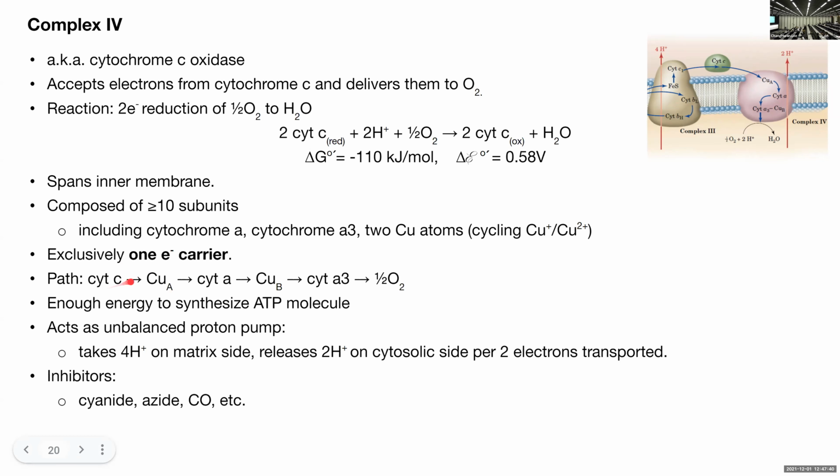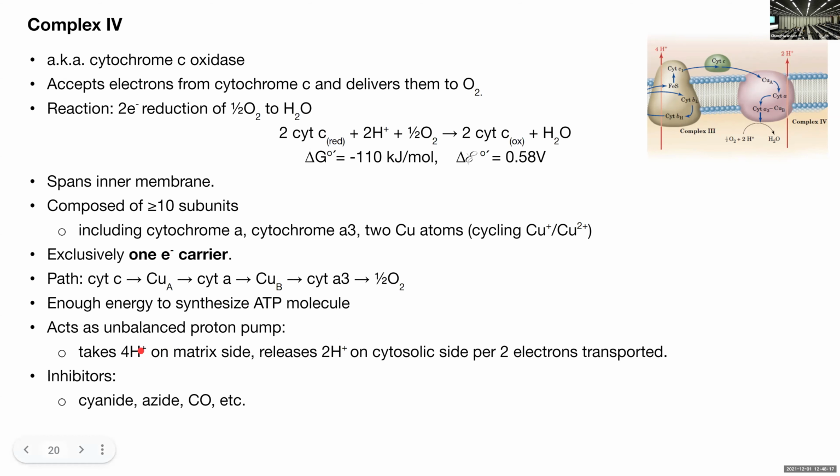And here's the path that the electron goes: to the cytochrome C first, cytochrome C to copper A first, and then cytochrome A, and then it gets to this little complex here, but first handed on to the copper B and then cytochrome A3, and then eventually gets to the oxygen molecule here. And as you can see here in the delta G naught prime value, it generates enough energy to synthesize ATP molecules, and also again acts as an unbalanced proton pump, but in the opposite way as complex 3 does.